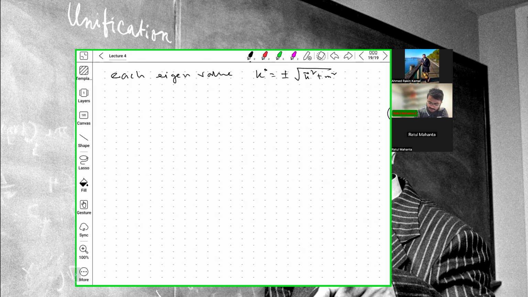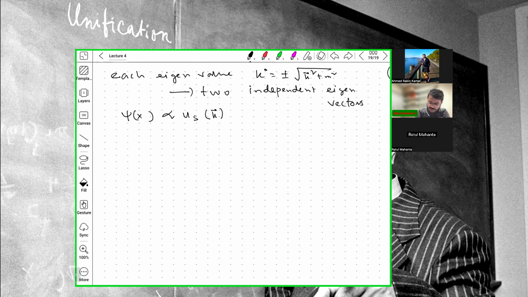So each eigenvalue, with the plus sign or minus sign, leads to 2 independent eigenvectors. Okay, so the solutions are f(k) will be some u_s(k) e to the power minus ikx.